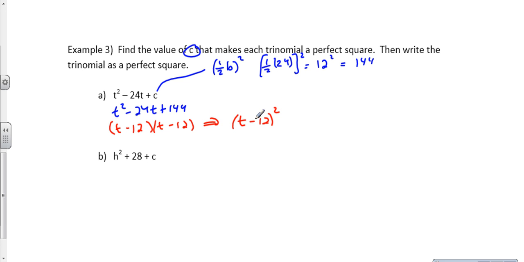Again, I could go backwards, and if I did, I would end up with t squared minus 24t plus 144. The question really asks us to find out what c is so that we could do this process, and this is how we did it when we consider this our b. Let's try the next one.